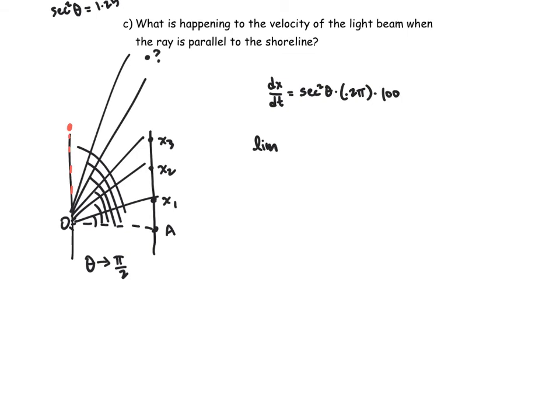So we're looking at the limit as theta approaches pi over 2 of dx dt, and that should answer this question for us. The limit as theta approaches pi over 2 of the expression, let's combine some items here, is 20 pi times secant squared theta. So what is secant doing as theta approaches pi over 2?